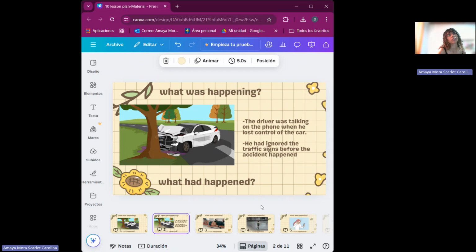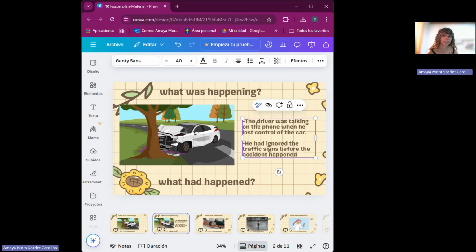How can you use these sentences? The past continuous is for the moment when there are two actions at the same time. For example, the driver was talking, the action, when he lost control of the car. They are two actions at the same time.